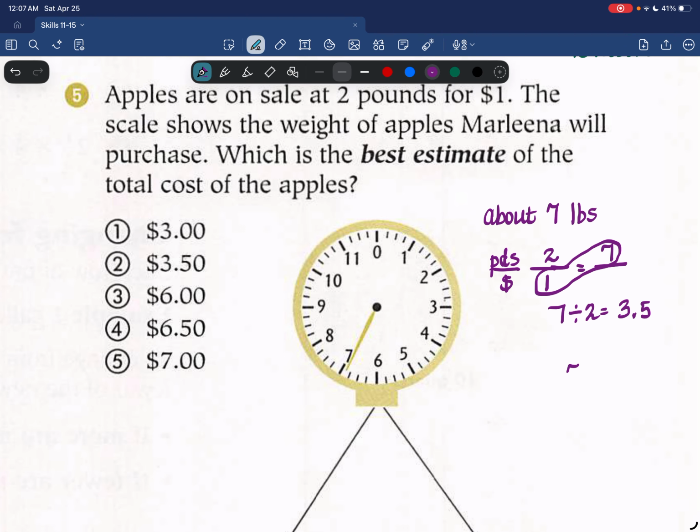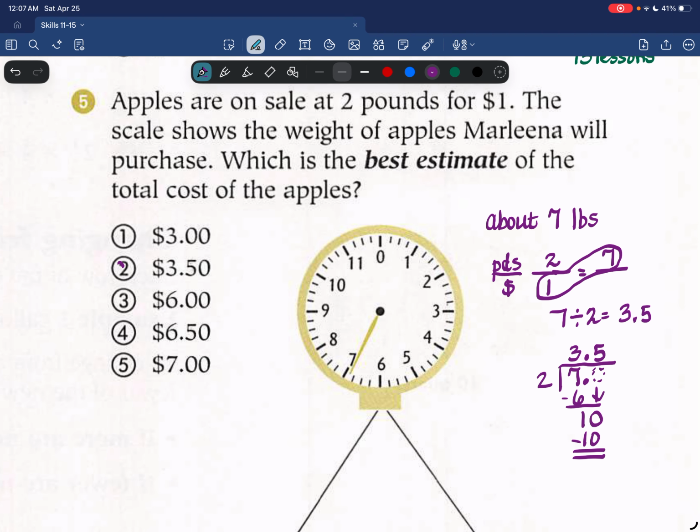And since I don't have a calculator, let me show you where I'm getting that. 2 into 7 is 3 times, with 1 left over. Then I'll add a 0 and bring it down, and that is 5. So I'm going to say about $3.50, approximately.